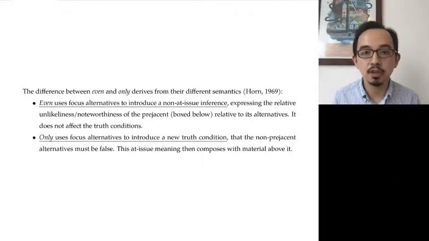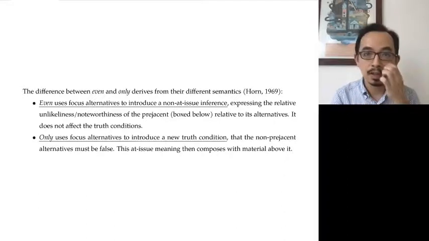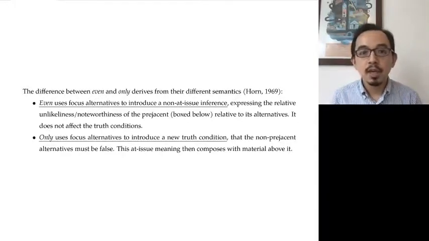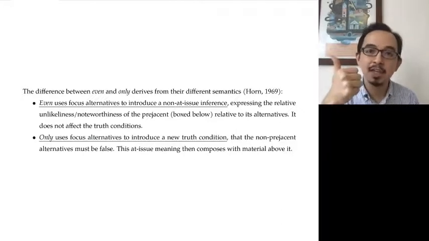This is commonly described as a presupposition, a scalar presupposition of even, expressing something about the relative unlikeliness or noteworthiness of the prejacent. In particular, that the prejacent proposition is less likely or more noteworthy than its alternatives. And crucially, even does not change the truth conditions of the assertion. It just passes up the at-issue content of its sister.